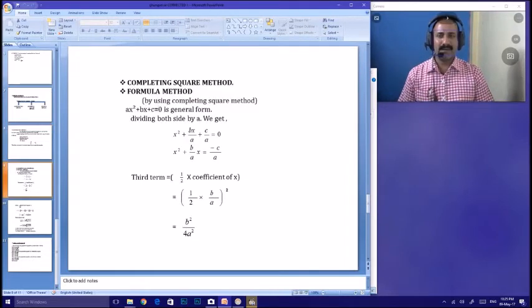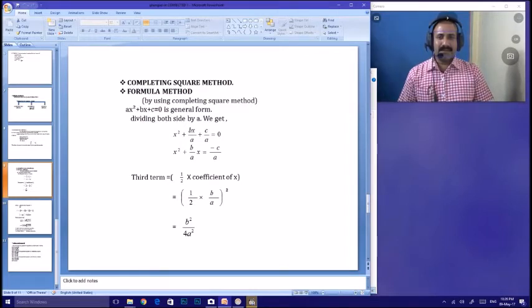Now, we are going to the completing square method. By using the completing square method to solve the equation, ax square plus bx plus c equals to 0 is the general form.